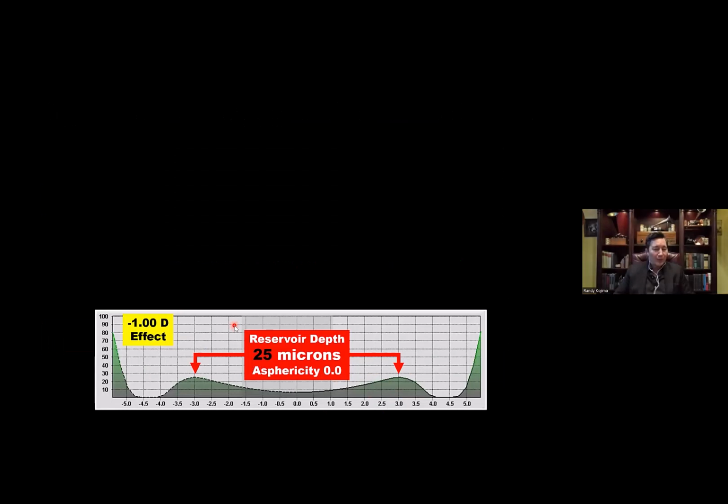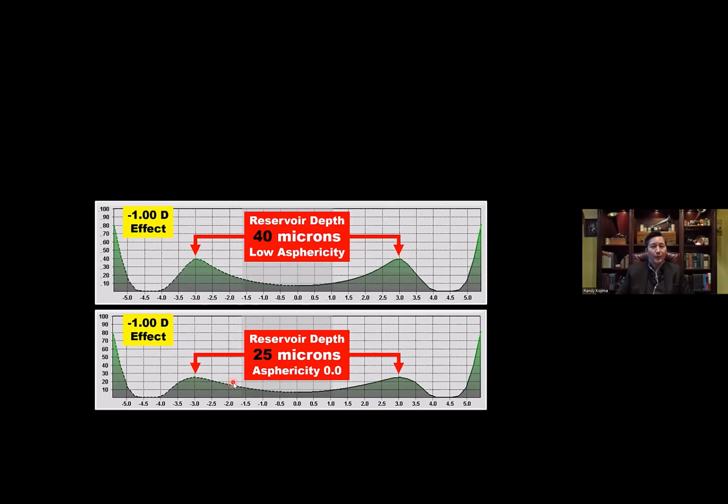Another example would be if we had a low myope like this, a -1 target. Remember we said we create a very small fluid thickness or low amount of fluid depth, so a low amount of hydraulic force. That's if you use a spherical base curve. What if I were to put this patient into a slightly higher asphericity? So I'm still targeting -1 effect, but by increasing the asphericity, I can make the fluid layer thicken up to 40 microns from 25.